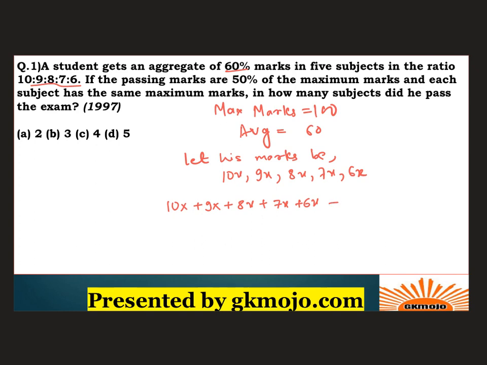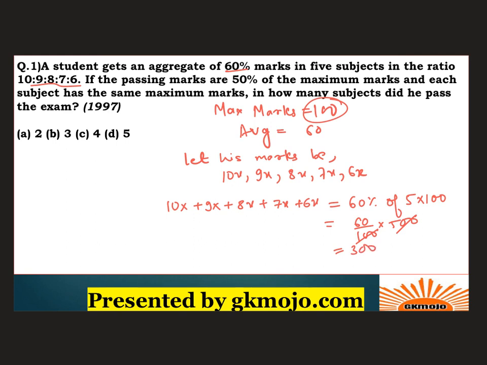And this is equal to 60% of the total marks. What would be the total marks? If maximum marks for one subject was 100, then for 5 subjects it would be 5 into 100. So basically this is 60 by 100 into 500, the 100s get cancelled, so this is equal to 300.